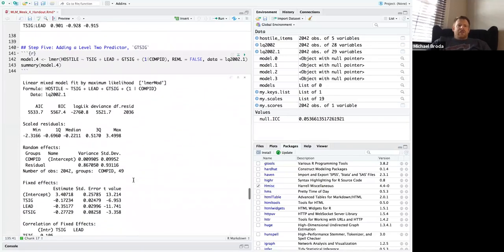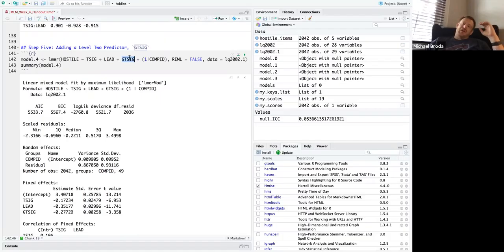Okay, so let's assume for now we're going to put that interaction to the side, and we're going to add a level 2 predictor. Now here's where things get really interesting. So now, in addition to task significance and leadership, we now have a group mean, group average measure of task significance.